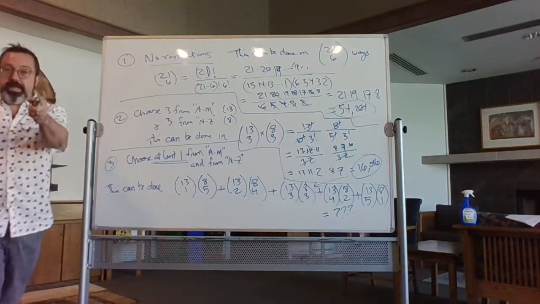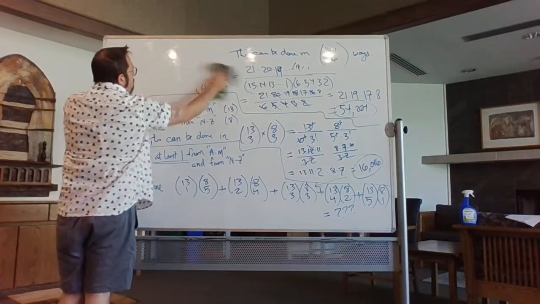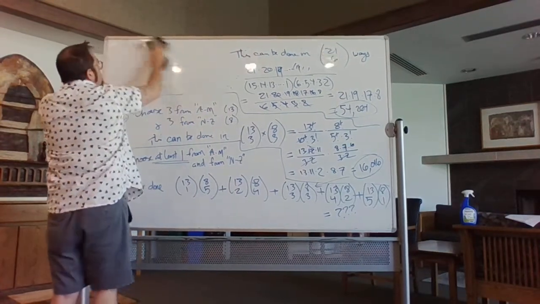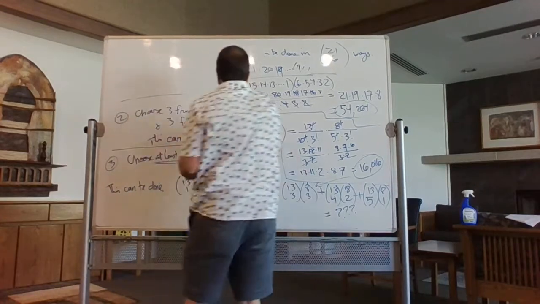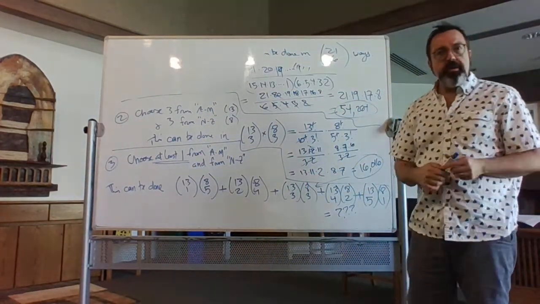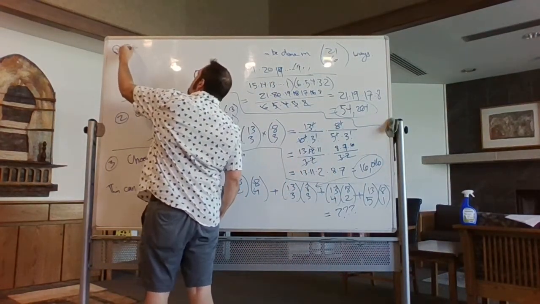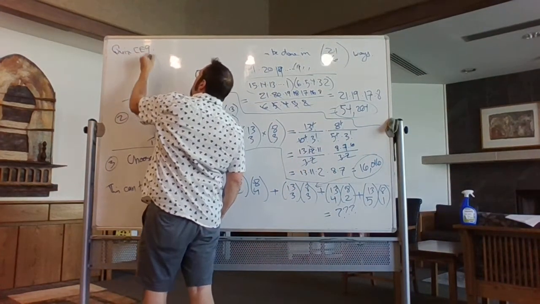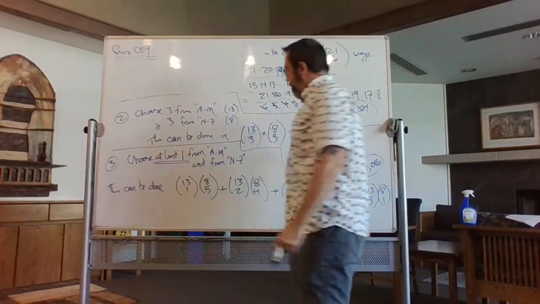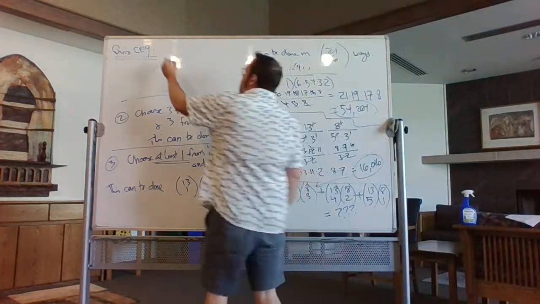And for your quiz, I think we're nearing the end here. Let me give you one more quiz. And this is going to be due on April the 24th, I believe. So quiz CE9, COVID era 9. Just some more practice with binomial coefficients.